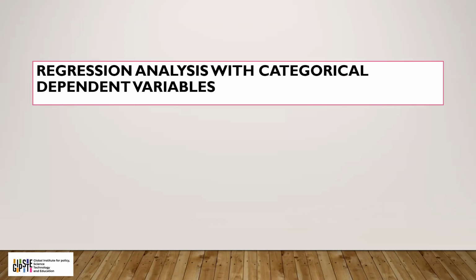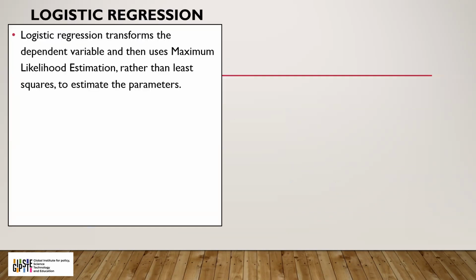You have regression analysis with categorical dependent variables, categories, nominal variables as well. One of them is logistic regression, which is part of the regression models that align with categorical variables. Logistic regression transforms the dependent variable and then uses maximum likelihood estimation rather than least squares to estimate the parameters.